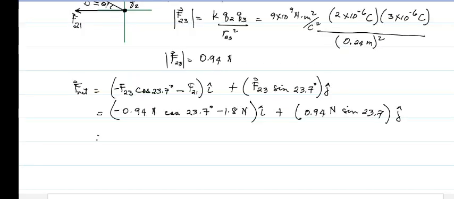So computing, we have the x component equal to negative 2.66 newton i hat plus 0.38 newton j hat.